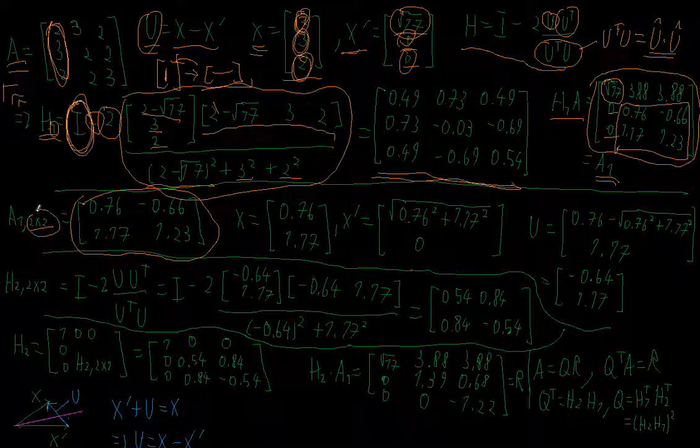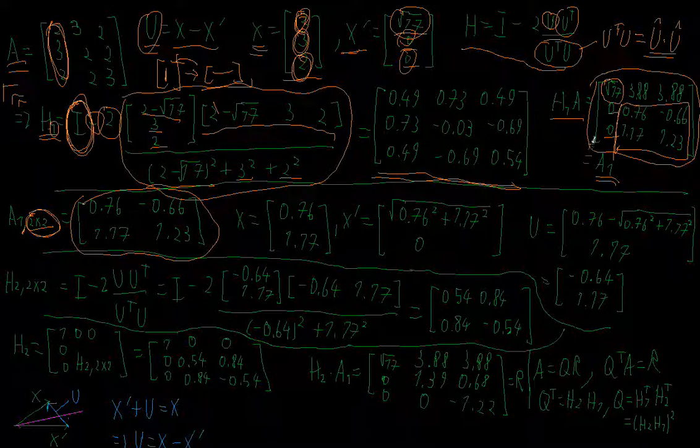This is a 2 by 2 submatrix. You can call it whatever you want. I just called it A sub 1 because this is the first matrix A after a transformation, and the 2 by 2 submatrix is the one that we consider.